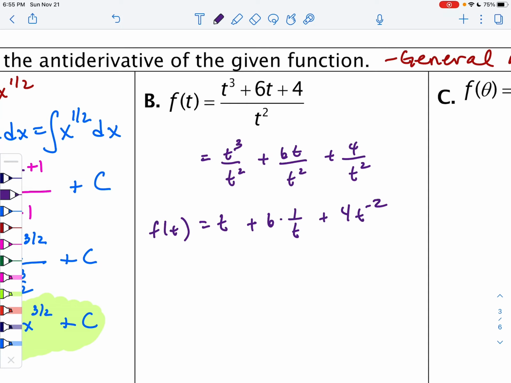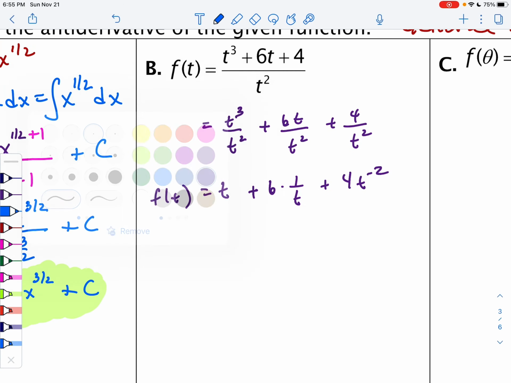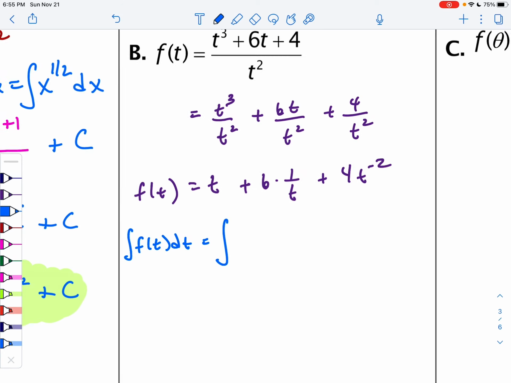And now if I wanted to take the antiderivative here of f of t dt, your differential dt is going to become more apparent in the next chapter. So it's just a notation of find the antiderivative in this section.